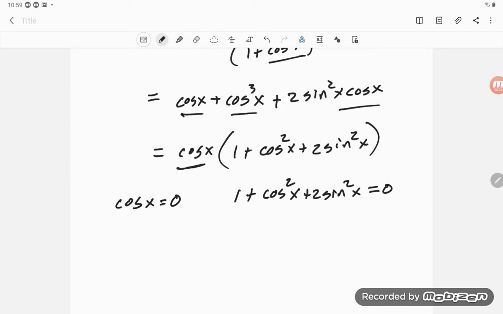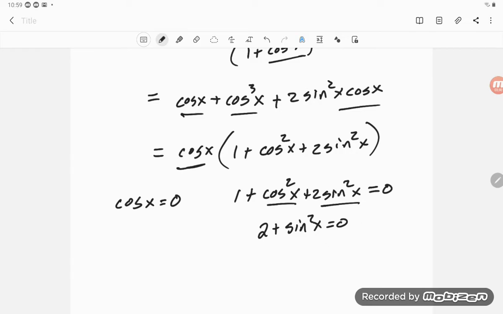That looks pretty bad at first, but I remember some trig identities, and so I can take one of those sine squareds and put it with that cosine squared and make that 1. So this actually is 2 plus sine squared x is equal to 0.